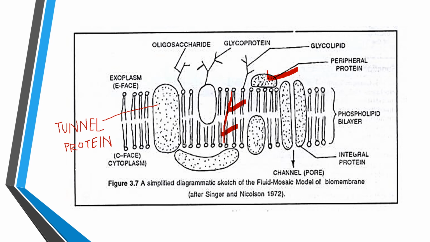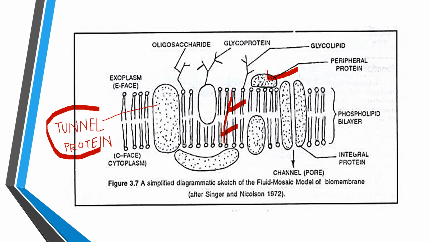Those membrane proteins which are internal and completely buried in the cell membrane are called tunnel proteins or transmembrane proteins. Please note down that those integral proteins which are completely buried in the cell membrane are called either tunnel proteins or transmembrane proteins.